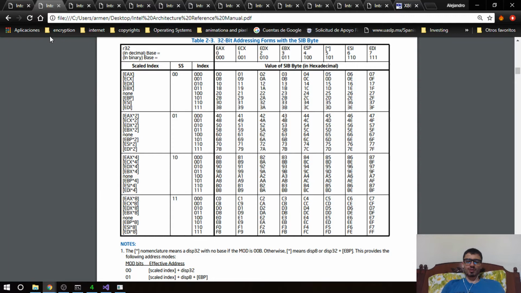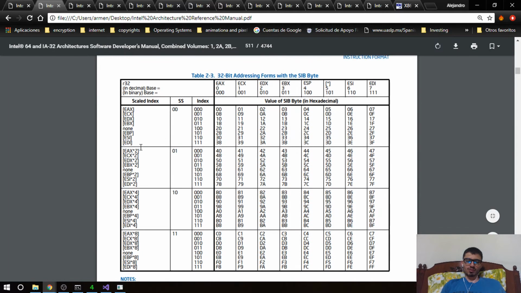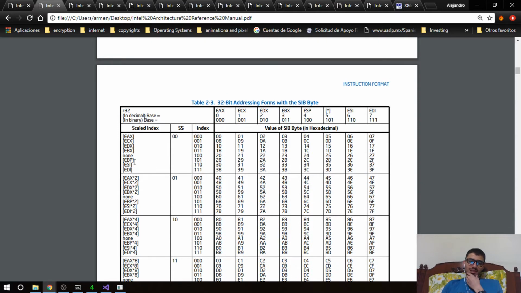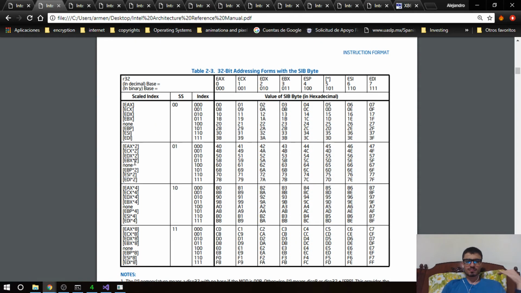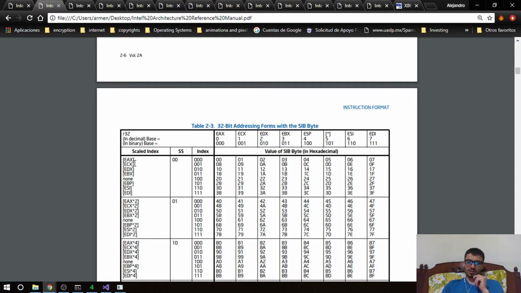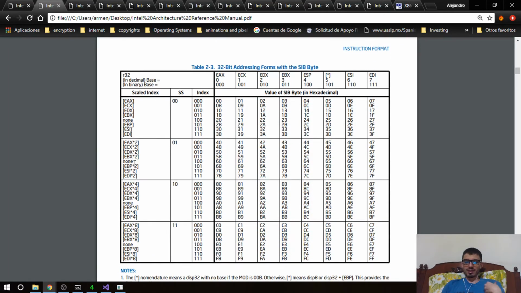At first we thought, well, these are the only addressing modes that we have, which means that these are the registers we can use to address memory. Now we found that that's not the case.